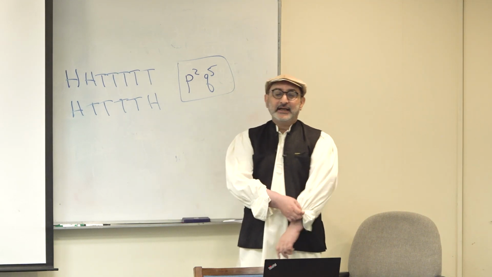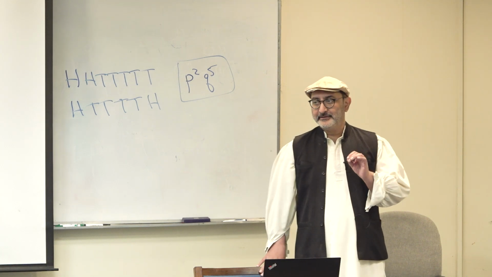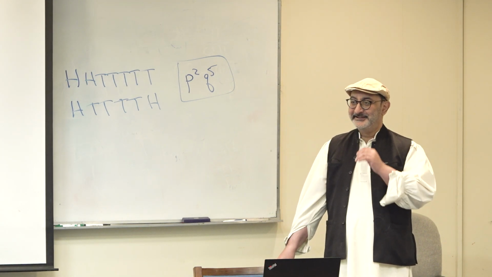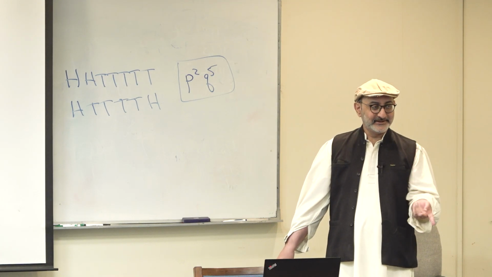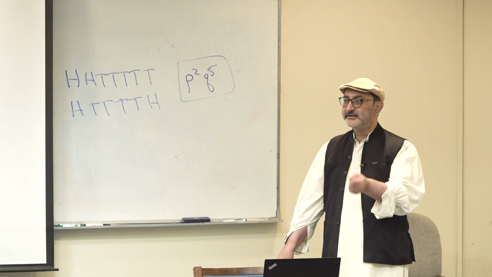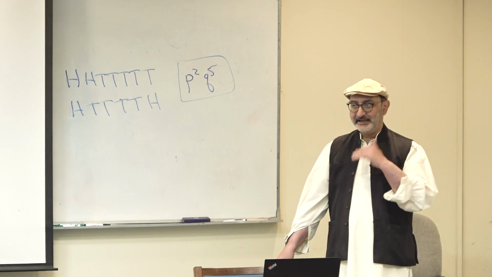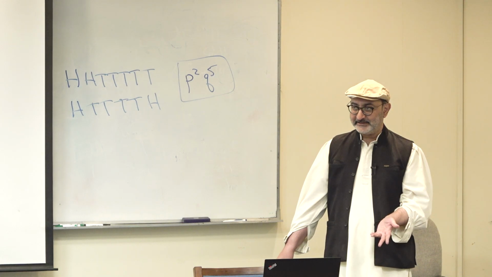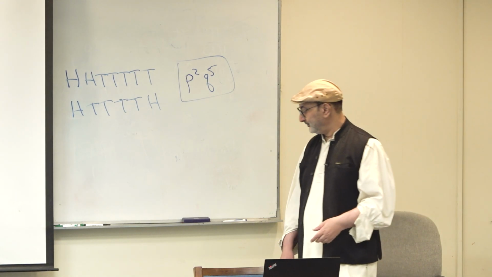Now, how can we construct, okay, multiplication rule? Constructing such a sequence can be done in 2 steps. The first step is to select 2 slots out of the 7 for the h's. How many ways are there of doing that? 7 choose 2.